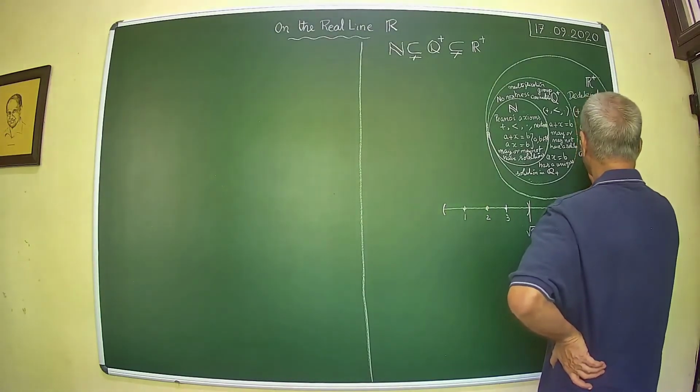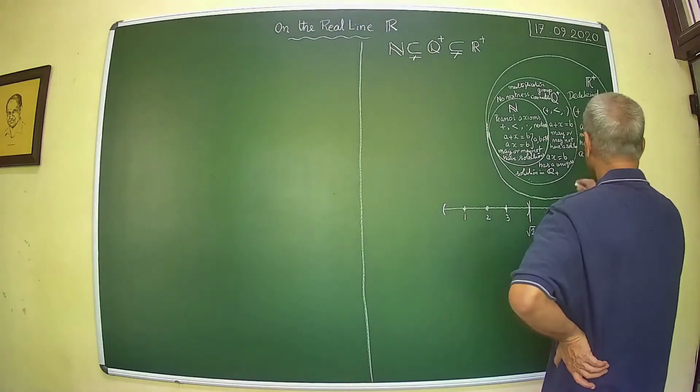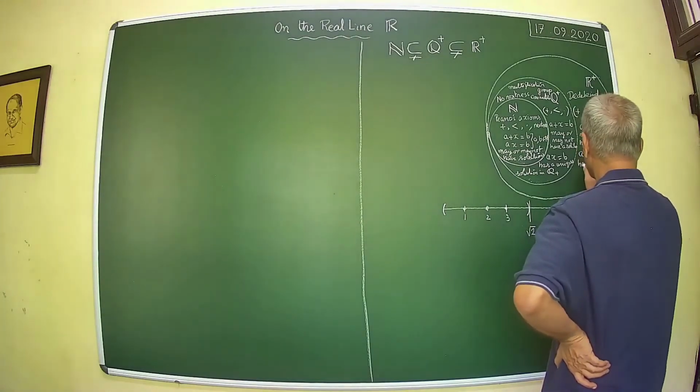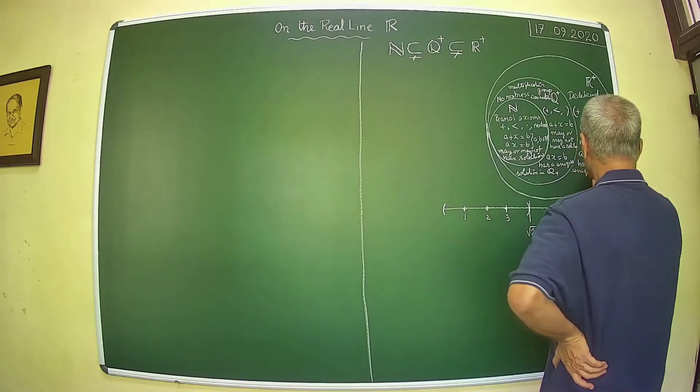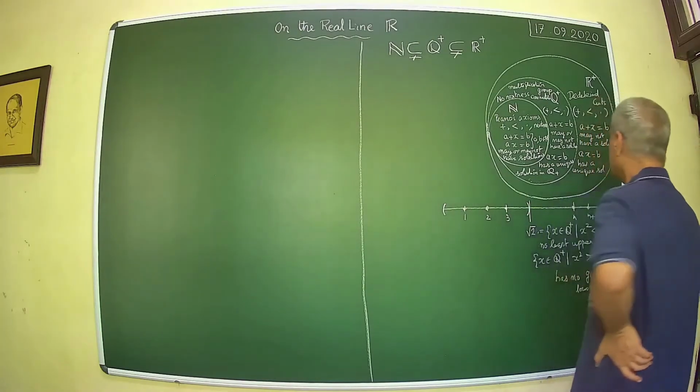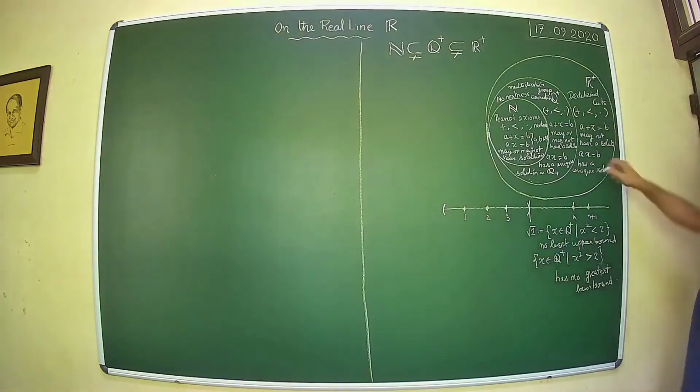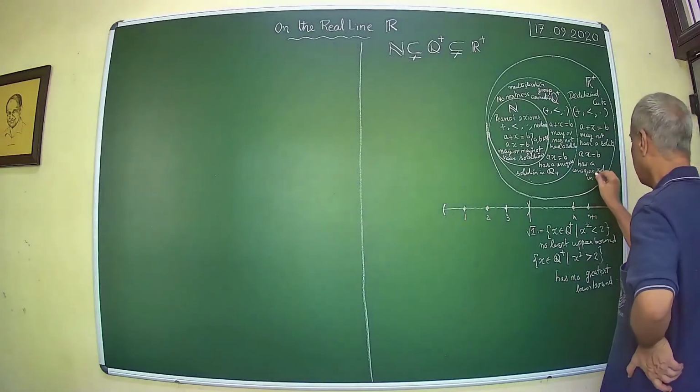And AX equal to B has a unique solution. So all these properties are still not sorted out completely, okay, in R plus.